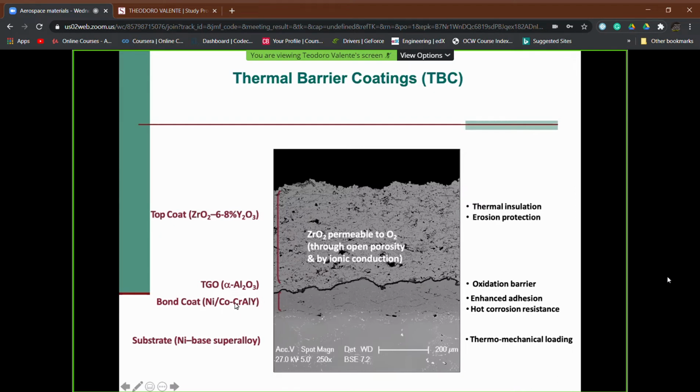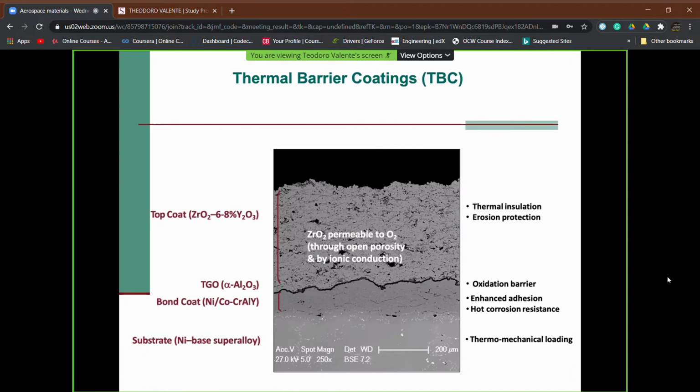So it is made by elements which have high affinity with oxygen. The most reactive is aluminum. And so oxygen, which is going to flow through the ceramic top coat, can react with aluminum of the bond coat to form alumina, aluminum oxide, thus preventing the same oxygen from coming in contact with the nickel-based superalloys.